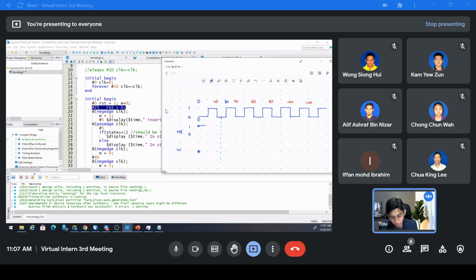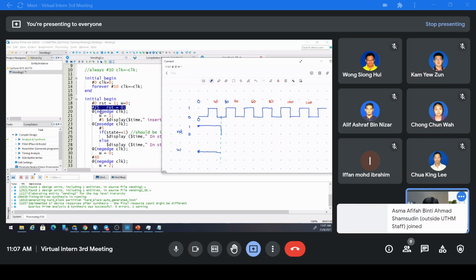So before that, it should be 1 until 25 nano. It goes to 0. That's it. And what about W? W is still 0 because we don't change anything. So it will remain the same. So it should be always 0 here until 25.